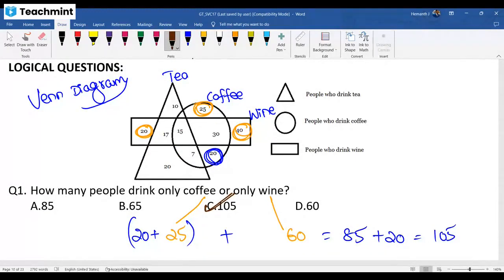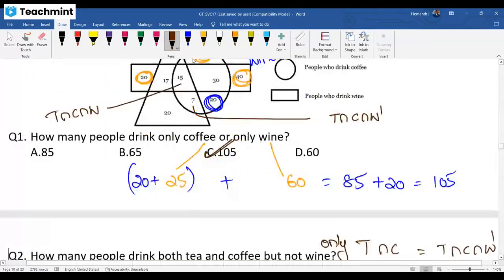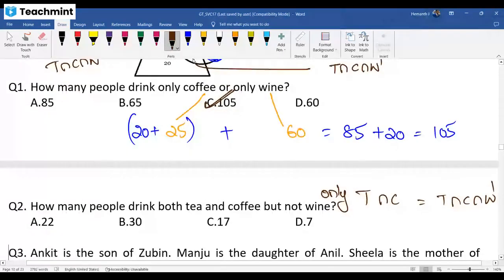We have tea is this, coffee is this, 15 and 7. This 15 is all three, tea and coffee and wine. But what about this 7? Involved tea, involved coffee, but not involved wine. So tea and coffee, but not wine, is nothing but 7.